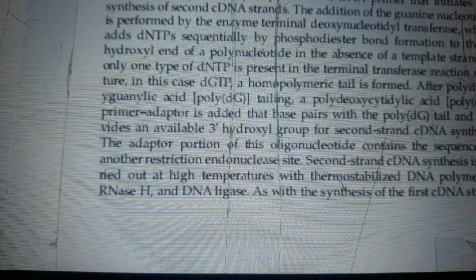Since the sequences at the 3' ends of the first strand cDNAs are not known, a string of guanine nucleotides is added to the 3' hydroxyl ends to provide a complementary sequence for a DNA primer that initiates the synthesis of second cDNA strands. The addition of the guanine nucleotides is performed by the enzyme terminal deoxynucleotidyltransferase, which adds dNTPs sequentially by phosphodiester bond formation to the 3' hydroxyl end of a polynucleotide in the absence of a template strand.